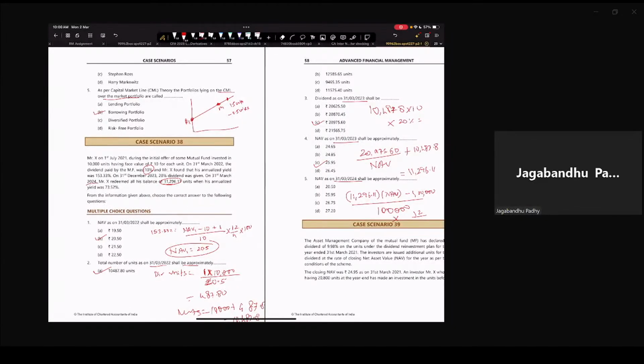You have 33 months. So this should be equal to 73.52%, right? So when you solve this, what's the NAV that you're getting? 26.75. Got it, everyone?